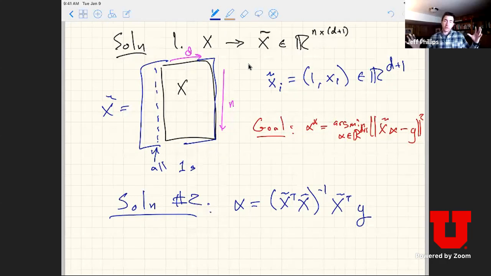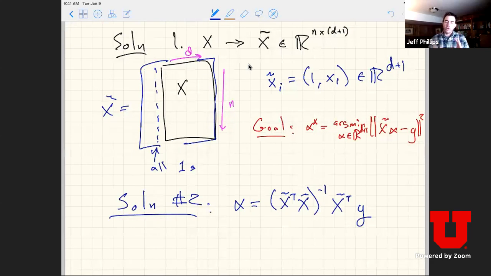So this linear algebraic expression gives me the optimal solution for alpha, which minimizes the sum of squared errors, the goal I just wrote down here in red.